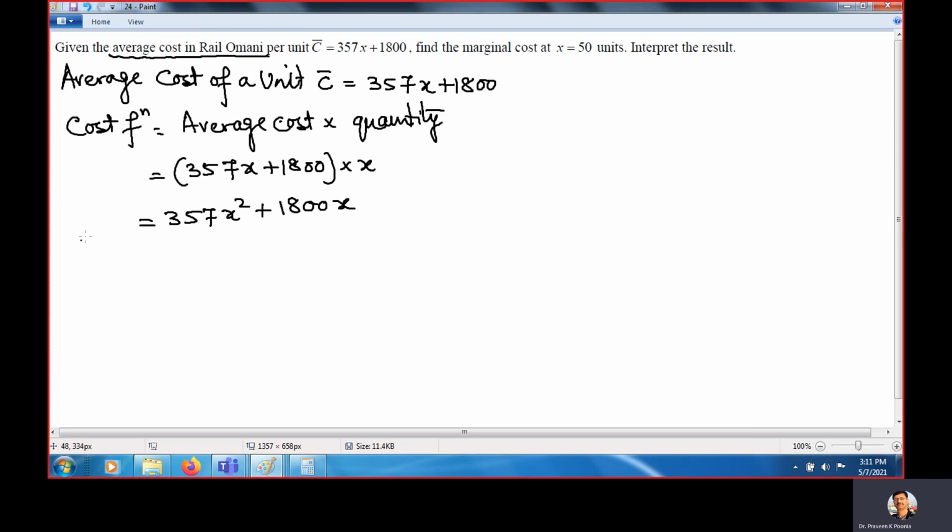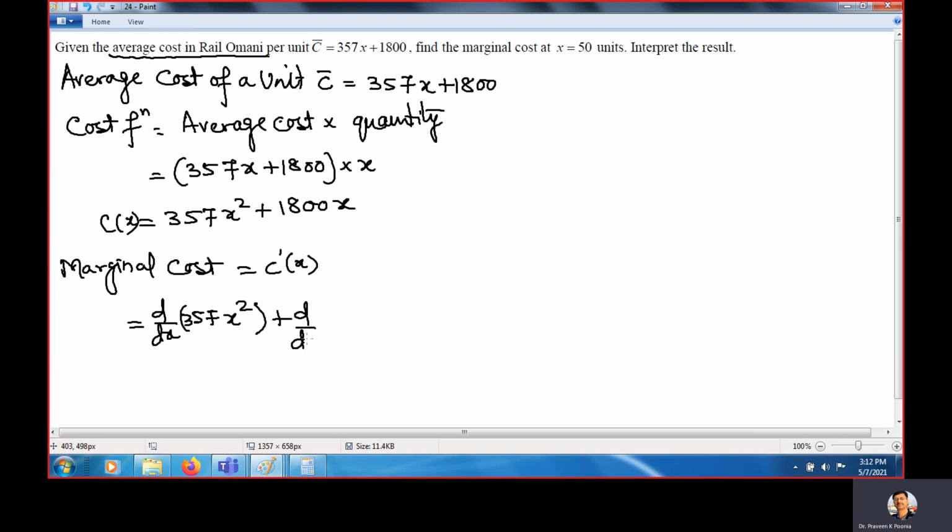And then after evaluating cost function, we will find the marginal cost. Let's denote it by C dash x, marginal cost. C dash x means d by dx of the first term 357 x power 2, plus d by dx of 1800 x.